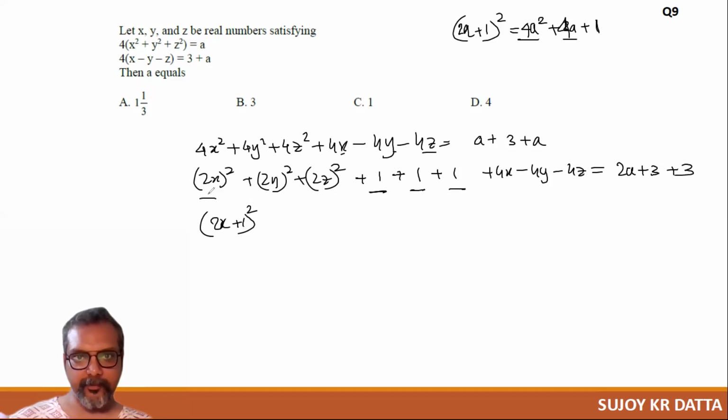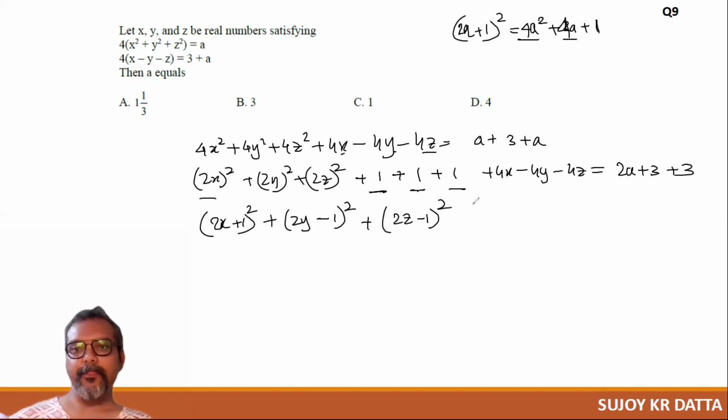So now I have 2x plus 1 whole square. Now 2y plus 1 whole square, if I had put plus, then it would have been 4y squared plus 4y plus 1, but I need minus 4y. So I'll keep this, and here also I'll do 2z minus 1 whole square. So I'll get 4x minus 4y minus 4z plus 1 plus 1 plus 1 and all of this. And that will be 2a plus 6.